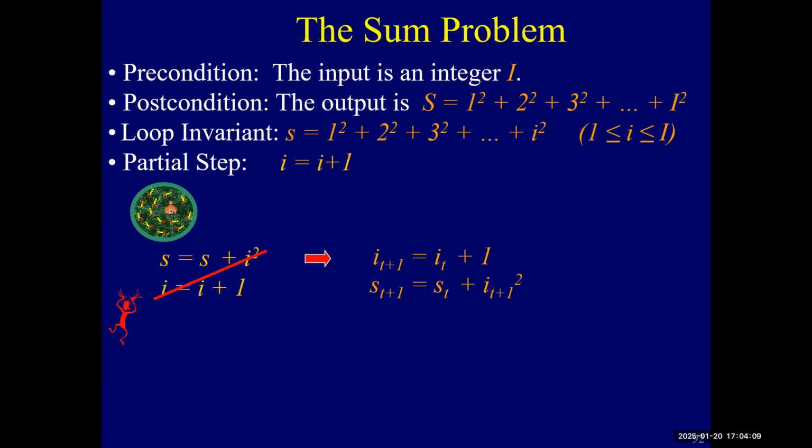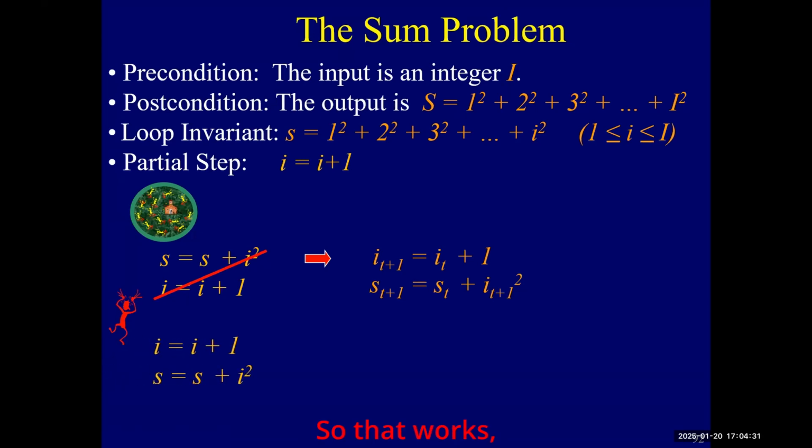It's because you haven't been clear about what your loop invariant is. And the loop invariant here says, I'm done up to I. So what's the next thing to add on? I plus 1 is the next thing to add on. So don't add on I because we already have it added on.